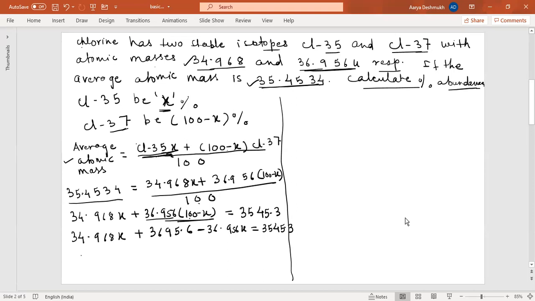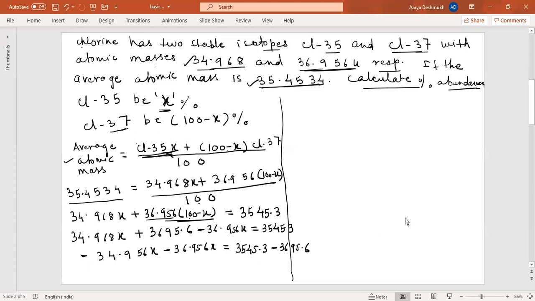This can be written in this way also, minus 34.956 into X minus, here you can write 36.956 X equals to, this can be written as 3545.3 minus 3695.6.